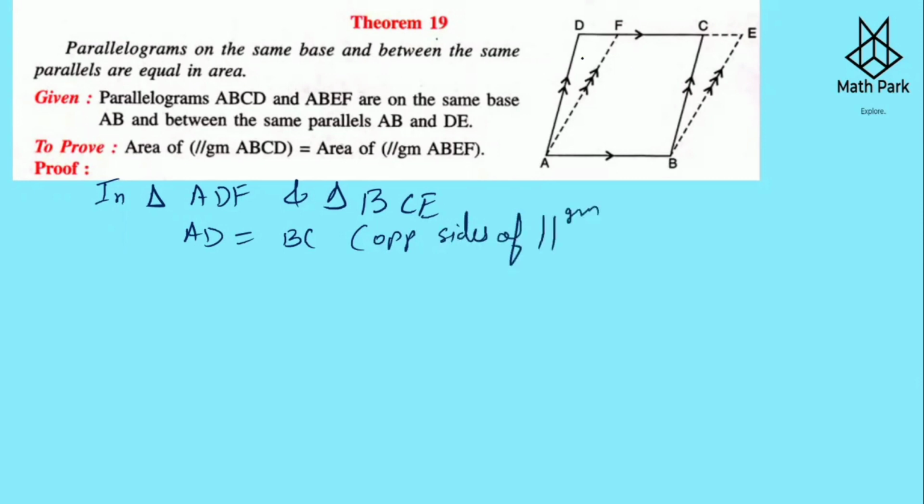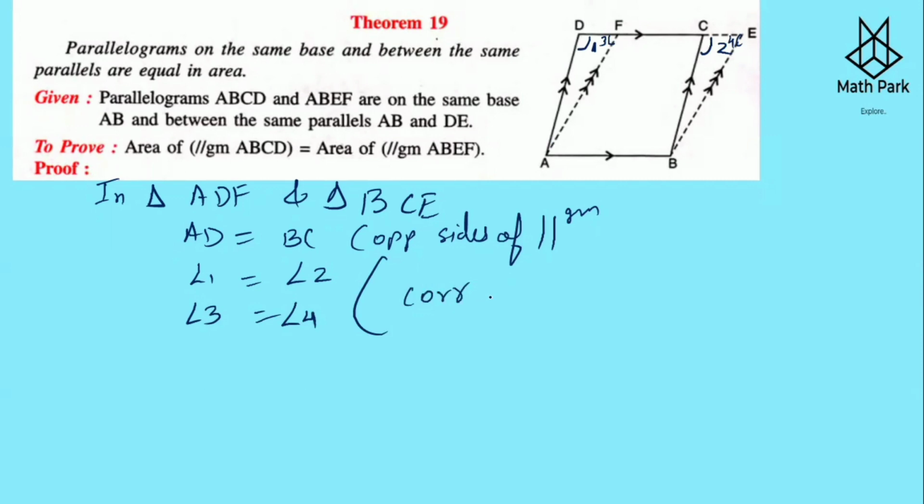Then we can number the angles here. This is D. So you can say that angle 1 is equal to angle 2. Angle 1 is angle D of this triangle. They are corresponding angles. And also you can take angle 3 is equal to angle 4. Both of these are corresponding angles.